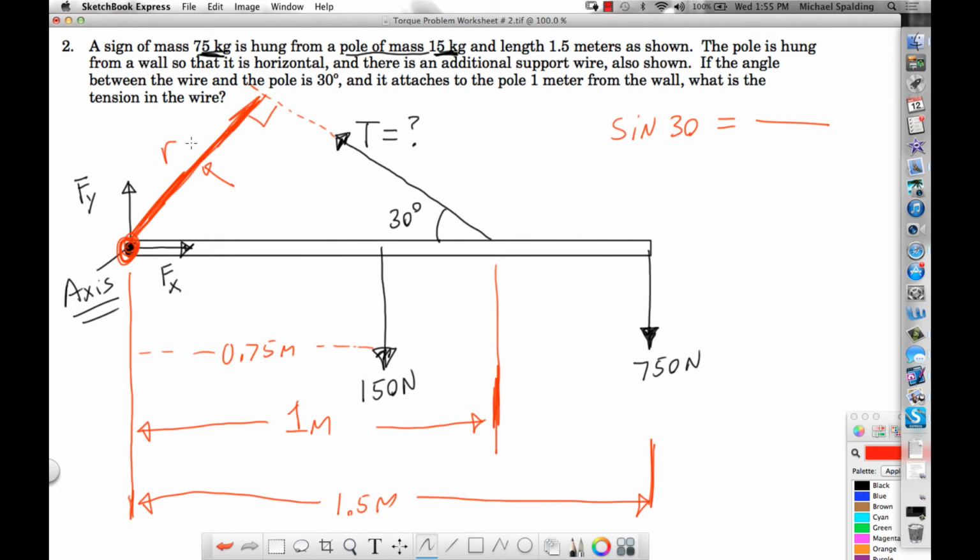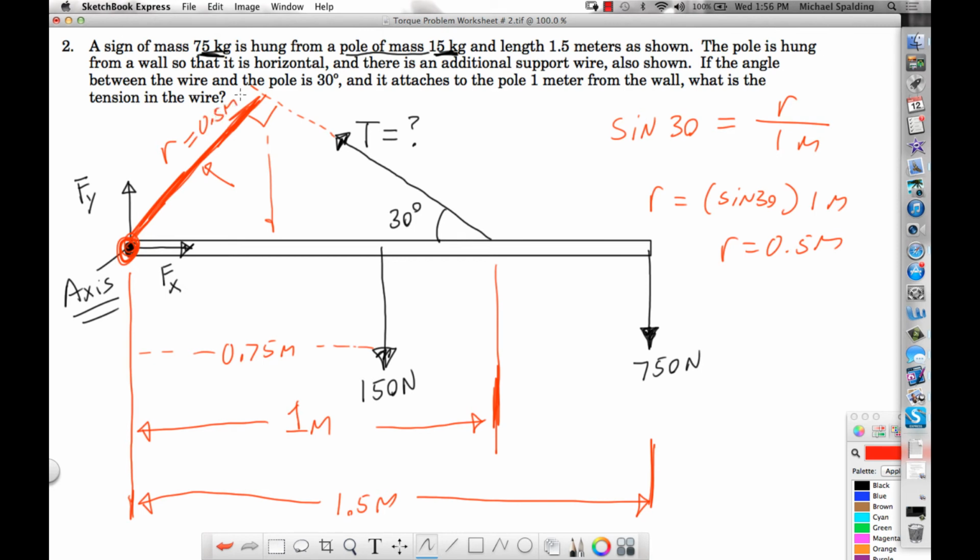That's our lever arm, which is r, right? And then what's the hypotenuse? The hypotenuse is 1 meter. So r is going to be sine 30 times 1 meter, which is 0.5. So the lever arm for the tension is 0.5 meters, right?